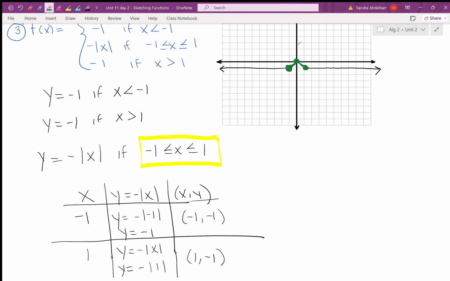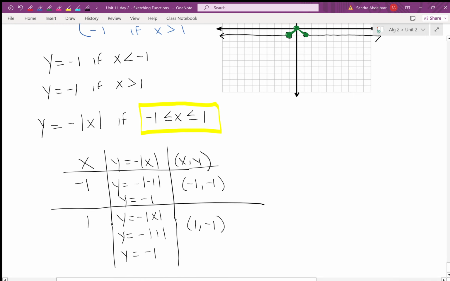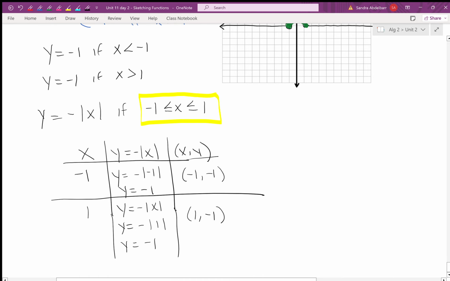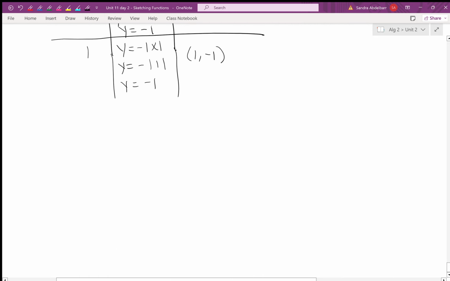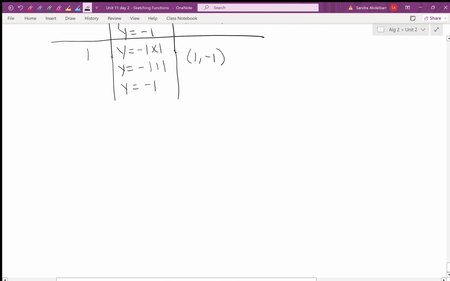All right, let's try another one. Can we do it on our own? You want to try this? No, I don't. You can try this next one on your own. I don't know how well you'll do with it, but try it.